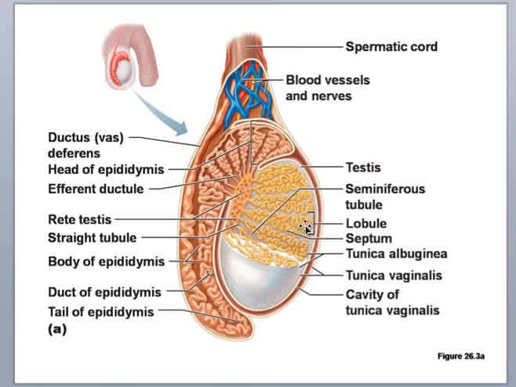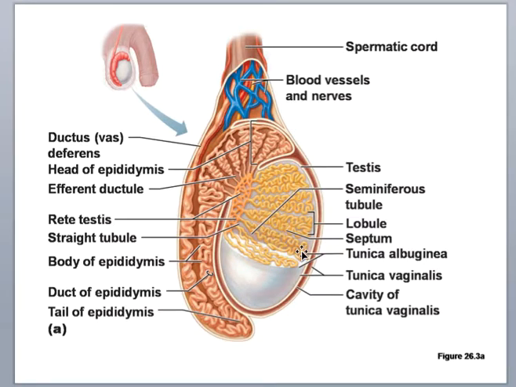And so here's our testis. Now this white connective tissue is the tunica albuginea, and it invaginates down and forms these lobules within the testis. There are hundreds of lobules, and in the lobules there are the seminiferous tubules, which are very highly coiled, increasing surface area and the amount of spermatogenesis that can take place.